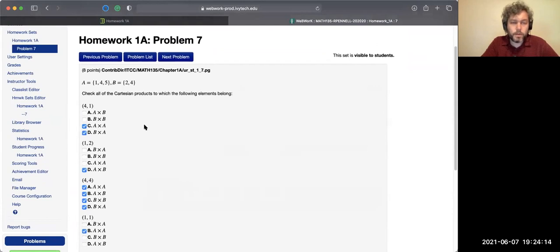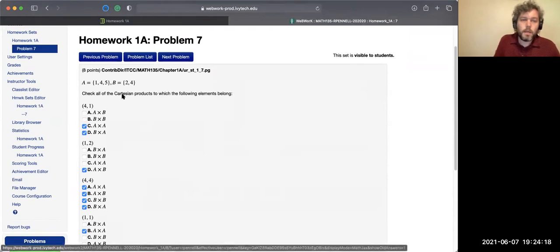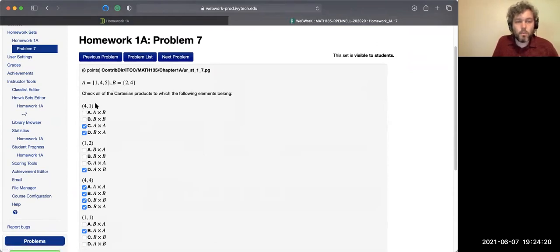I probably shouldn't show too much of this since this is multiple choice, but here it's asking which one of these Cartesian products the ordered pair (4, 1) would be in. Well, I have 4 in A, and I don't have a 1 in B, so I know it wouldn't be A cross B because I couldn't get the 1 here. So the only way I could get it is A cross A, that would work.